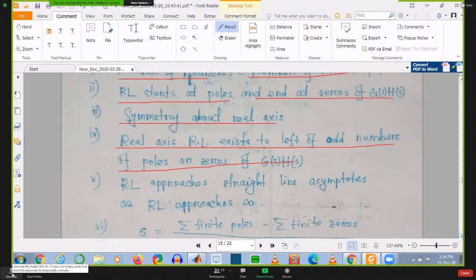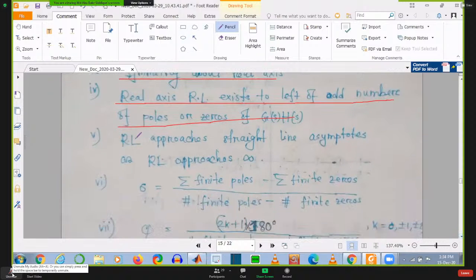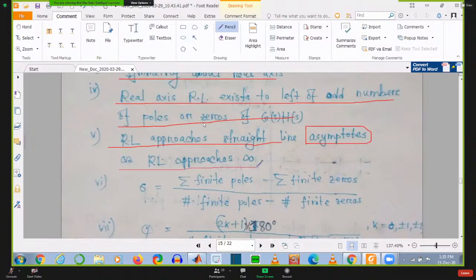Step number 5 says root locus approaches straight line asymptotes. Asymptotes means a path that has no end. So root locus approaches straight line asymptotes as root locus approaches infinity.